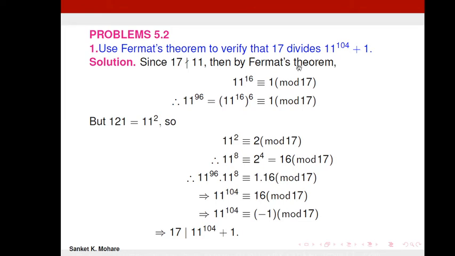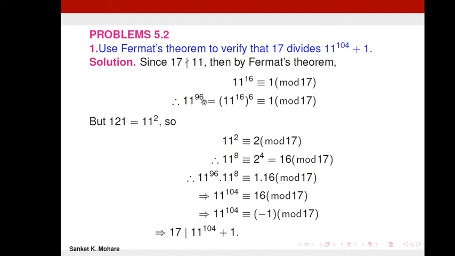So if we observe in the solution how I calculated 11 raised to 104, this is important. Whenever such examples come, we should know how to calculate the power. First I calculate 11 raised to 16 using Fermat's theorem.